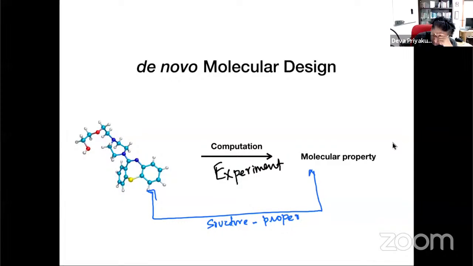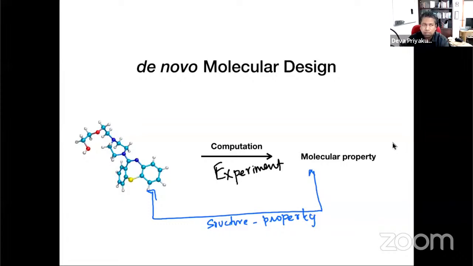So for example, in drug discovery, we talk about structure activity relationship, quantitative structure activity relationship, for example, right? So we start with some initial guess molecules, we calculate properties, we try to understand the relationship between the two, and then try to come up with new molecules that are better and better in terms of the property, right?